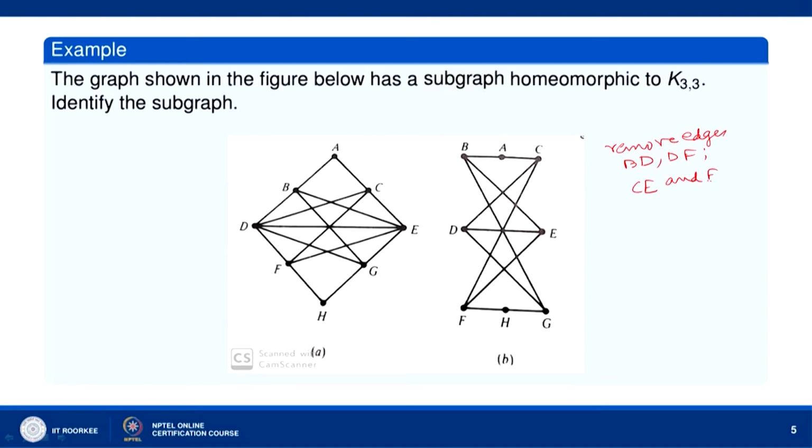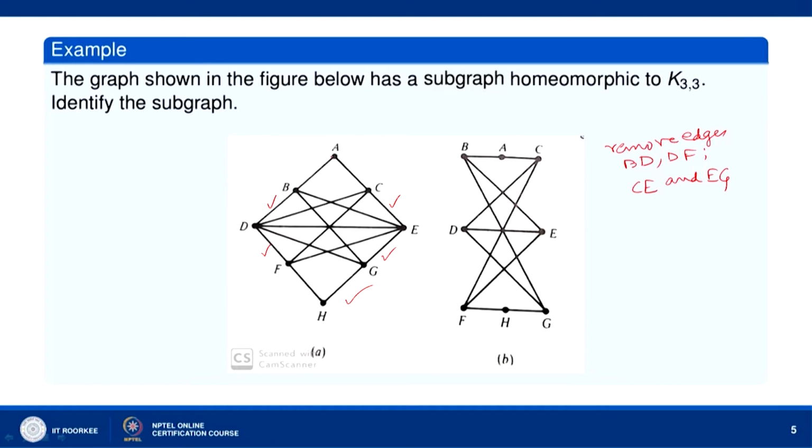Okay, and then redraw this graph. After removing the edges BD, DF, CE and EG, let us redraw this graph. When we redraw this graph, it becomes like this.